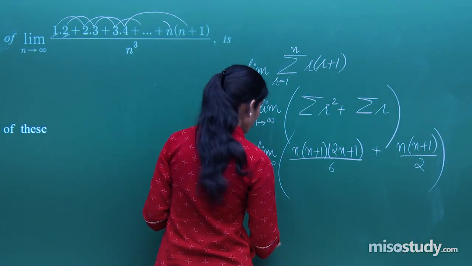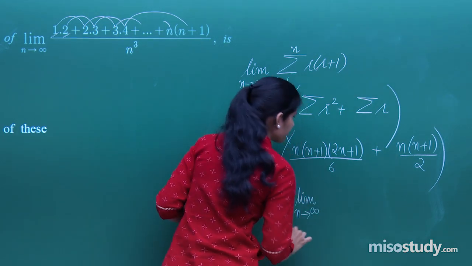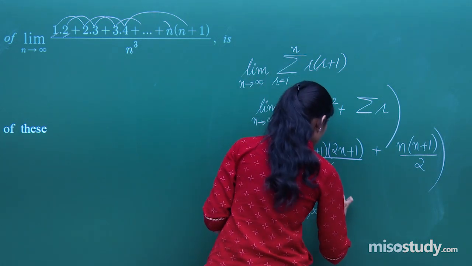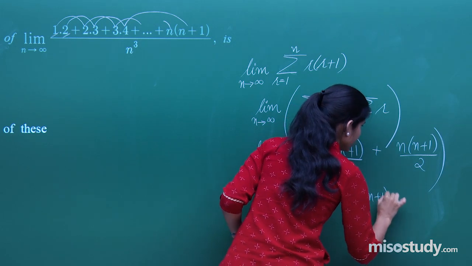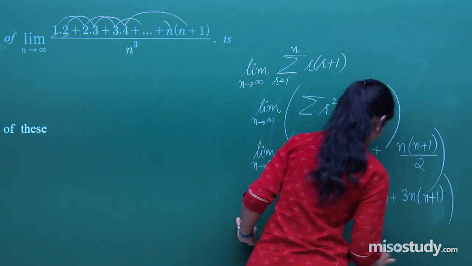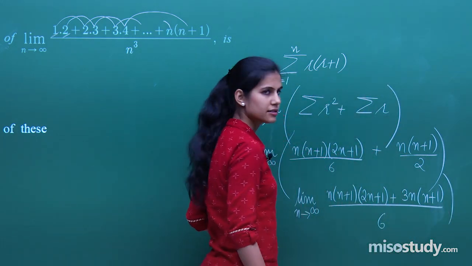Fine. So over here, very simply what we can do is, I can take out the LCM. What I will be left with is n into n plus 1 into 2n plus 1 plus 3 times n into n plus 1, whole upon 6.